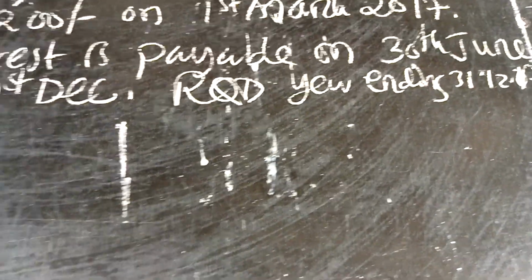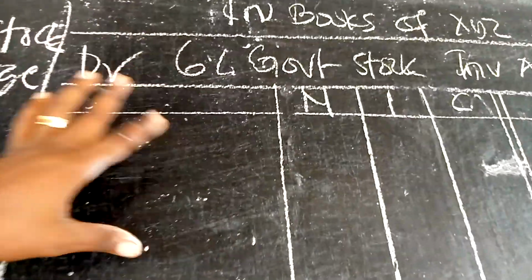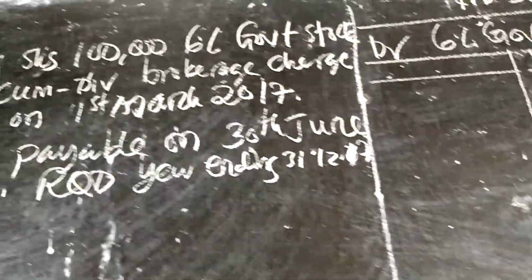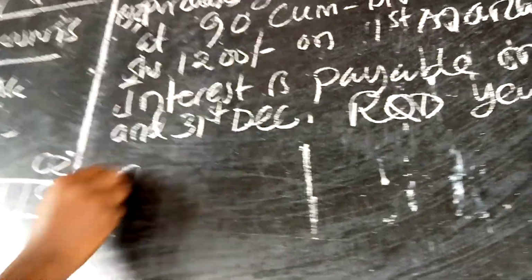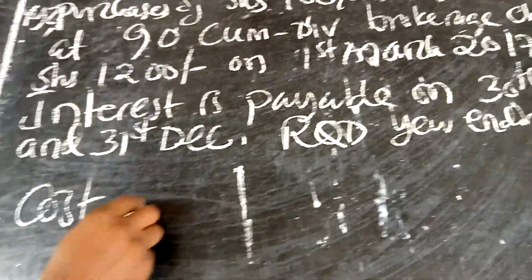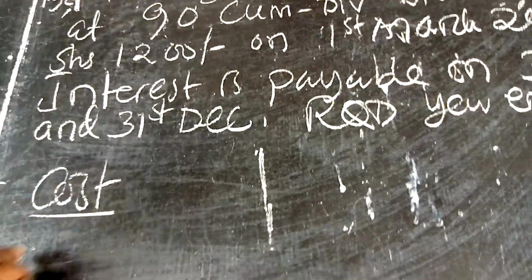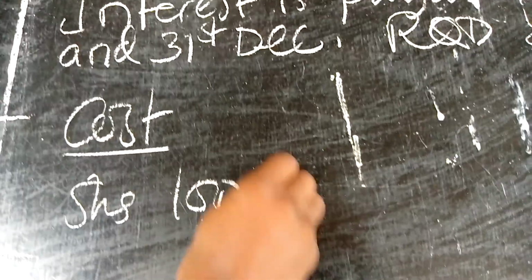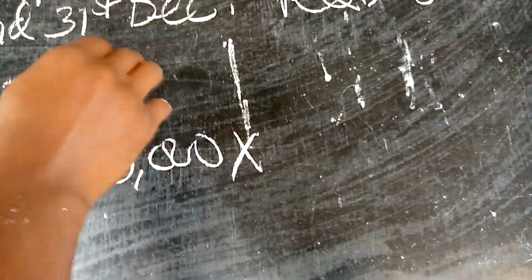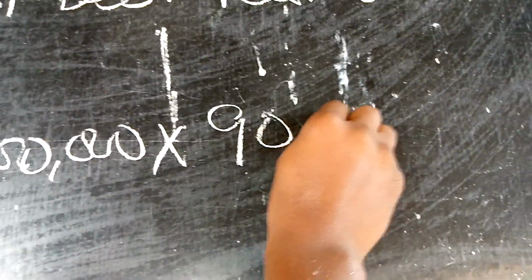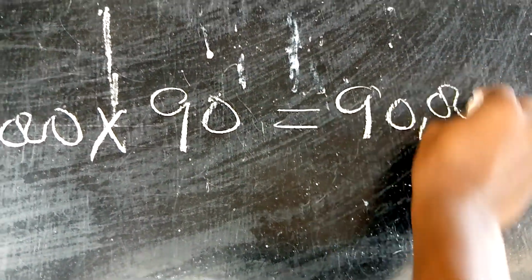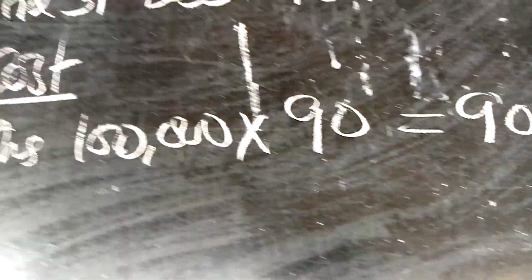So how can we record? This is our investment account, which we have already prepared here. Before posting, we need to do some calculations relating to this. First of all, we need to find the cost. The cost for this one: you take shilling 100,000 times 90%, which gives us this as the price or cost.